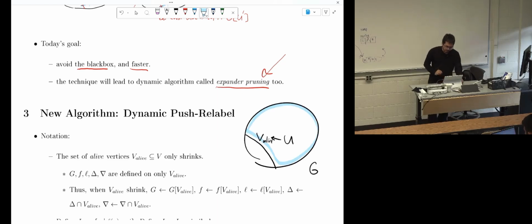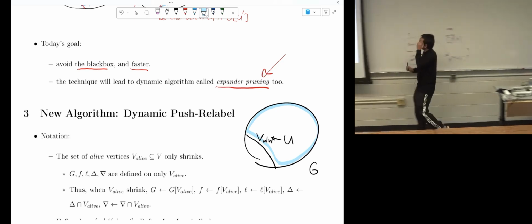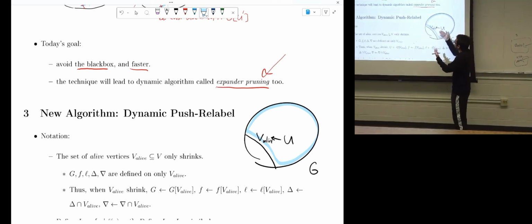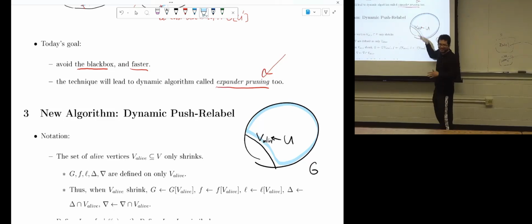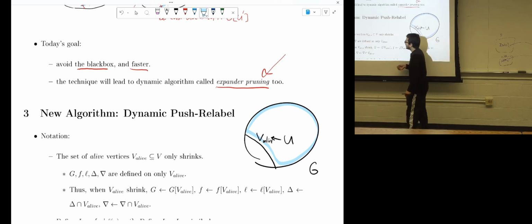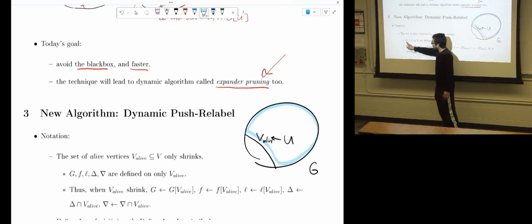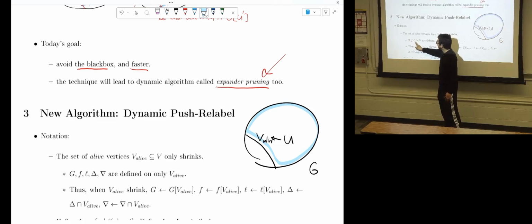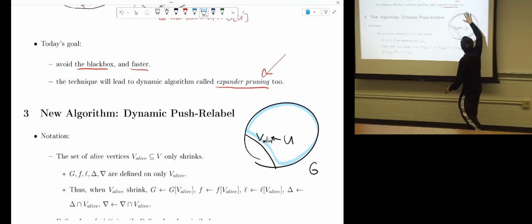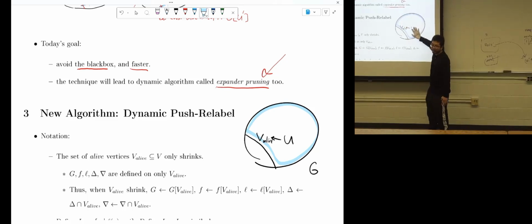But basically, we'll try to do something that keeps killing vertices, so the set of alive vertices will shrink. And we will basically work with the graph, some flow, some label, source and sink, that will only be defined on top of the alive part.